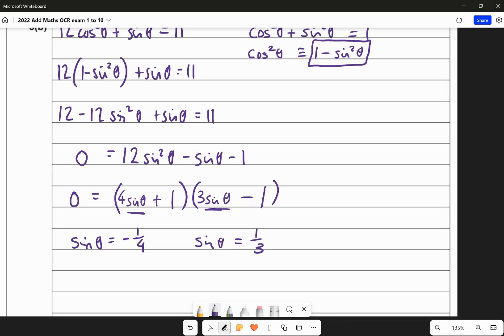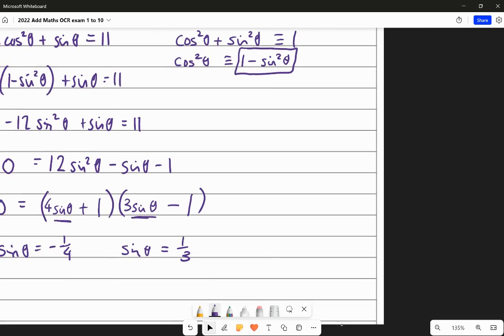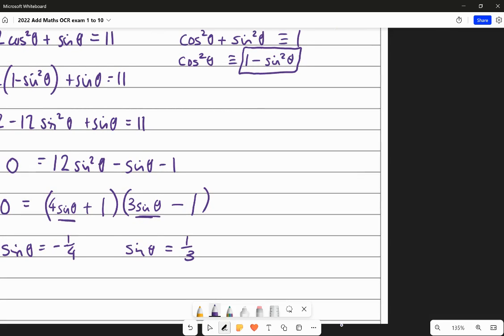So I have two possible routes to my answers. So I want all the answers from between 0 and 360 for theta, for which both of these things are true. Okay, so the next thing I do is I sketch the sine function between 0 and 360.